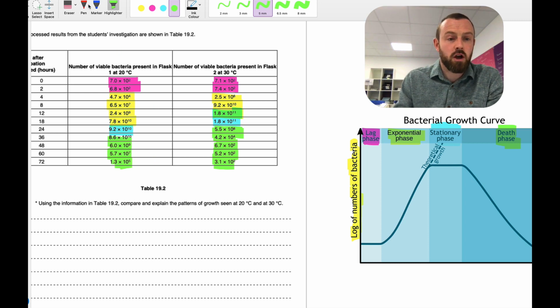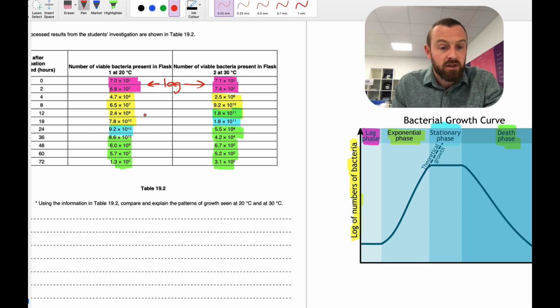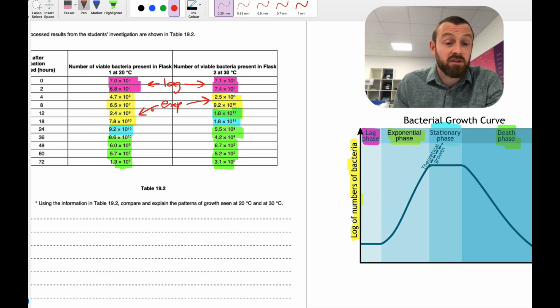Okay, so let's label those again. We've got the lag phase, and the lag phase for both 20 degrees C and 30 degrees C is similar. It's the same duration. Then the exponential phase is quicker at 30 degrees C than it is at 20 degrees C. So why is this?